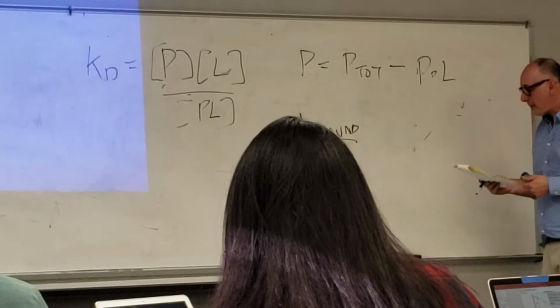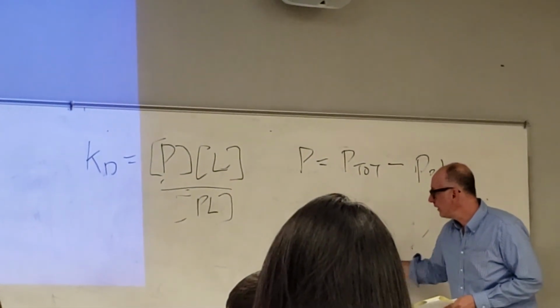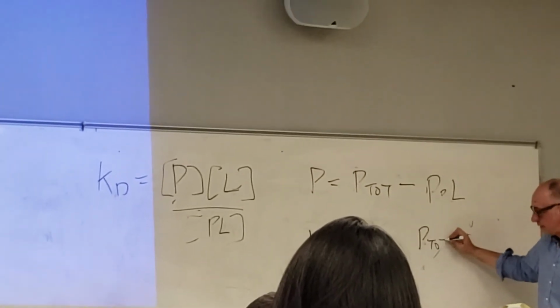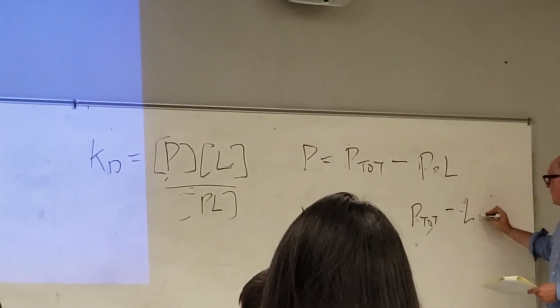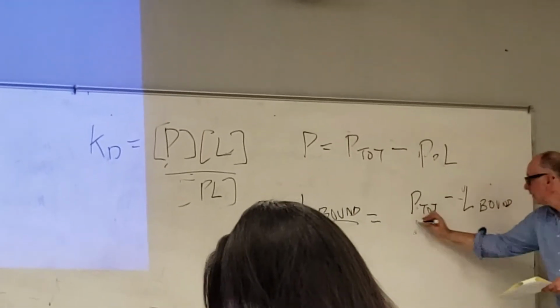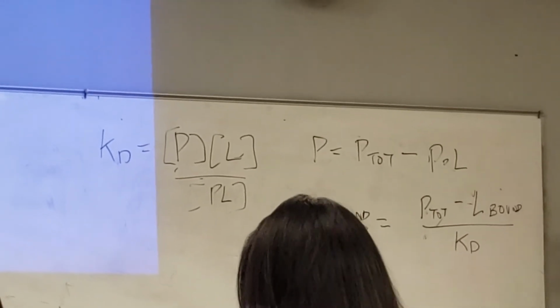L bound over L, or L free, is equal to my total protein minus my bound ligand, over my KD.